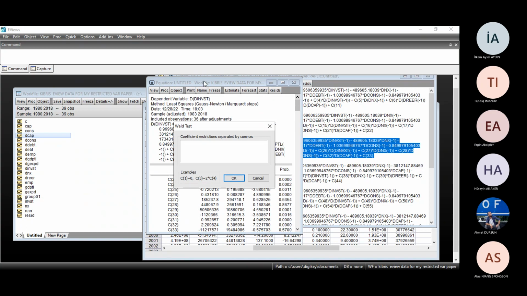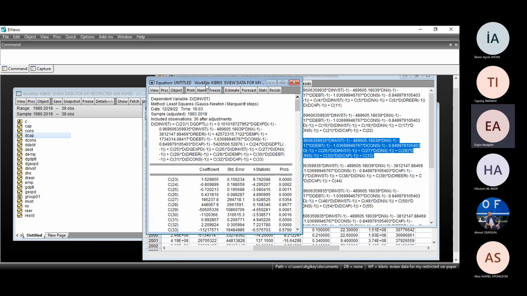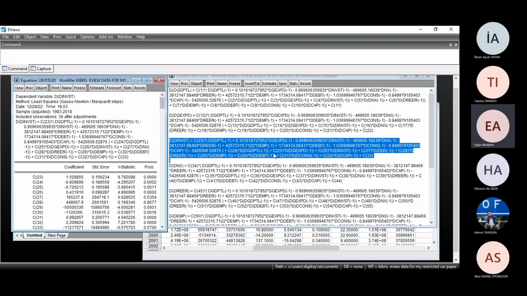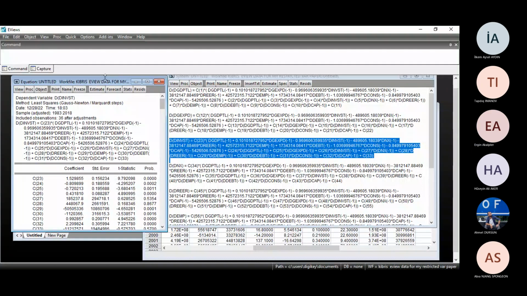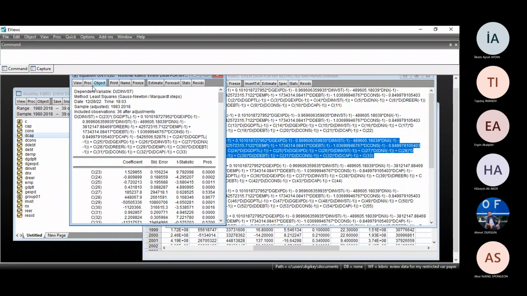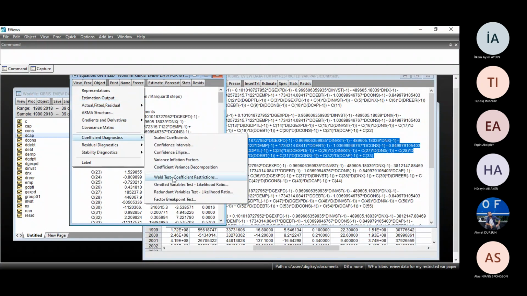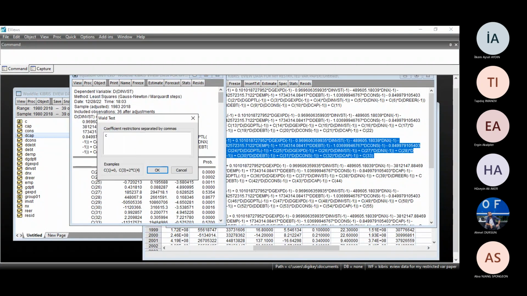Coefficient test. I have to check where we are. So 23 and 24. Twenty-three is equal to 24.